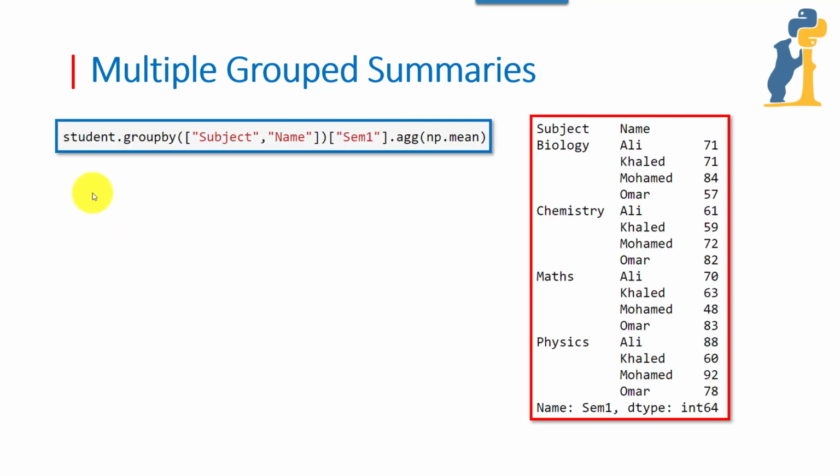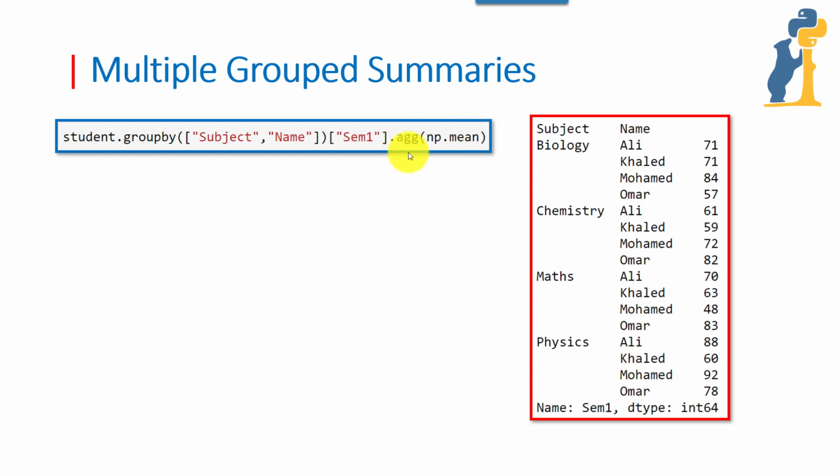If you want to make groups of the student data frame based on two keys, subject and name, you will receive this subject, biology, chemistry, math, physics, and then grouping by name. These are all the names: Ali, Khalid, Muhammad, Omar. And here you write semester 1, it seems that you are interested in column semester 1, and you need only the average score.